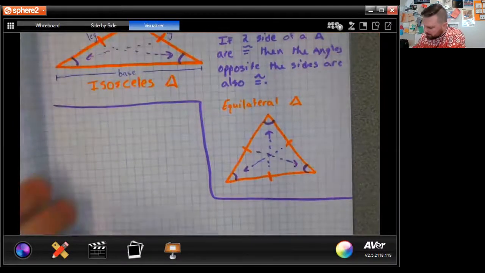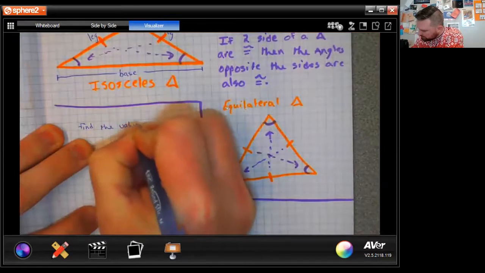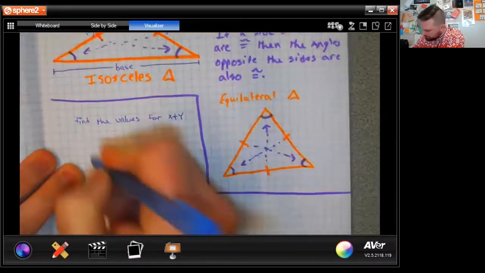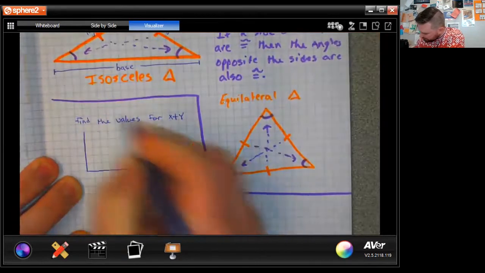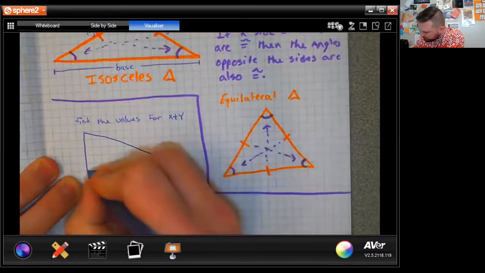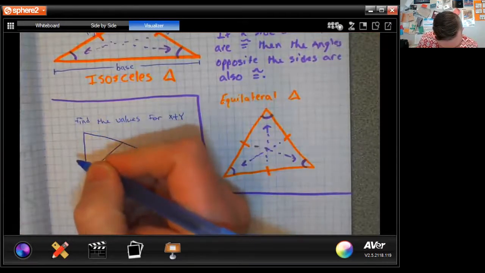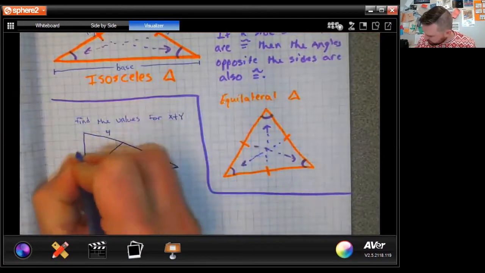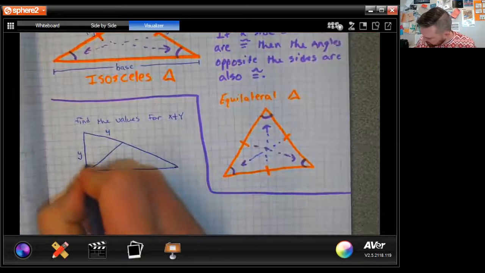Okay, so in this one we want to find the values for X and Y. Here we are given that this is 4, this is a Y. These angles are all the same.